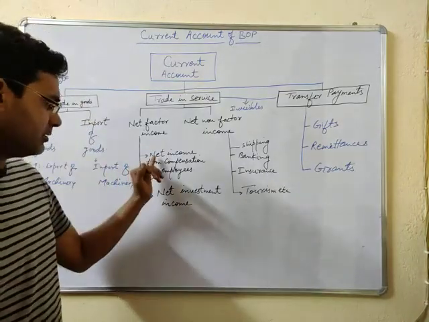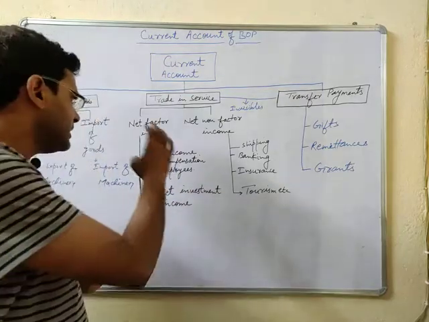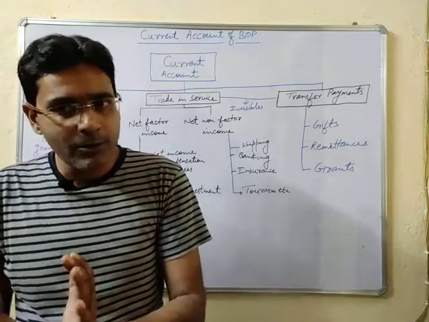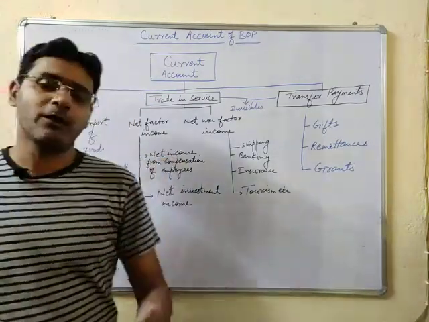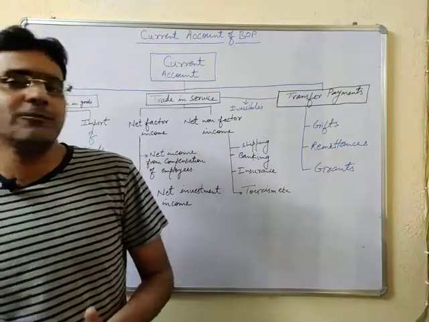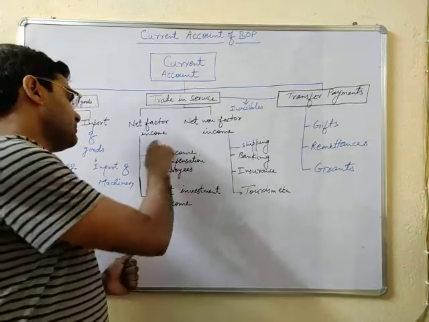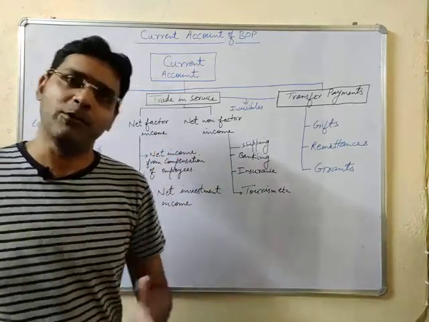Why have I written net over here? Net means the income from compensation of employees which we have earned from abroad minus the income from compensation of employees which foreign nationals have earned from here. After deducting that part, we know the net income from compensation of employees.